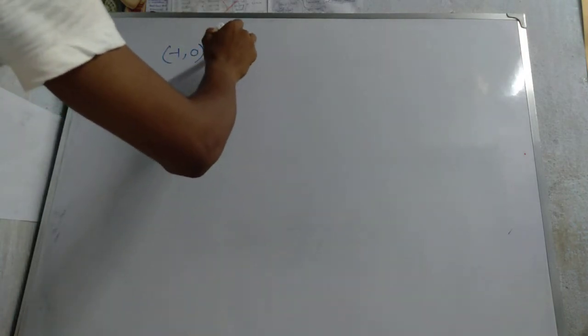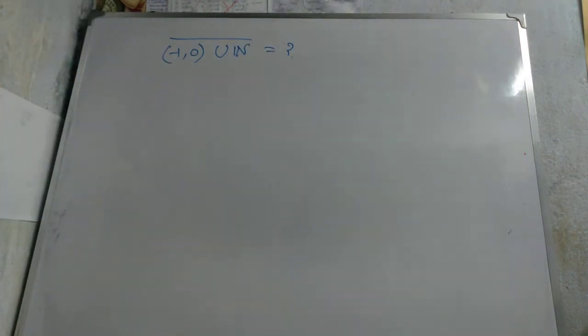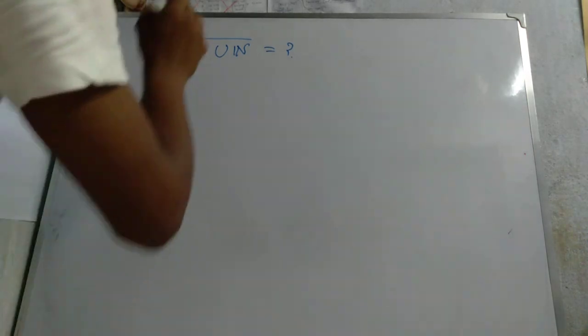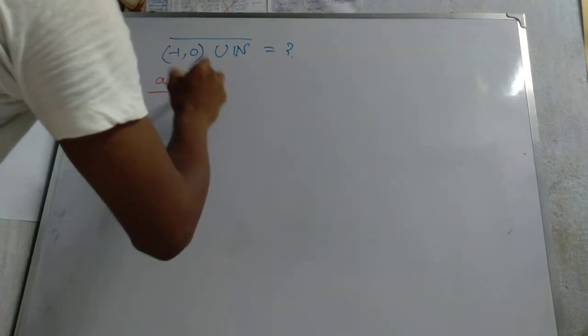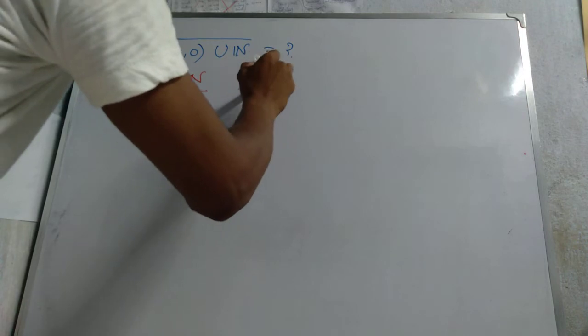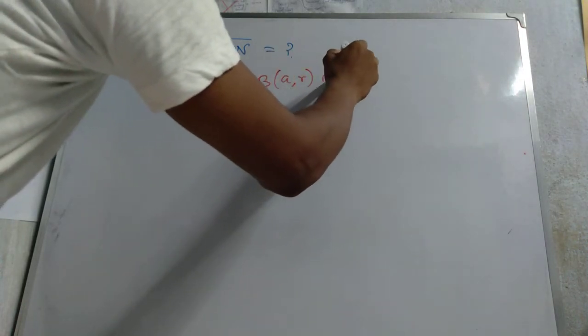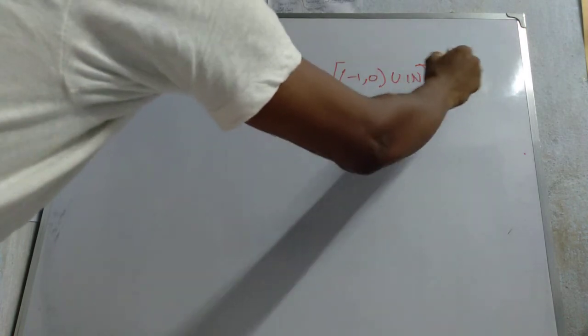Further example we also show now. What is the closure of (minus 1, 0) union N? What we learn from here: if we take a belonging to N, then obviously B(a, r) intersection with (minus 1, 0) union N is not equal to empty set.